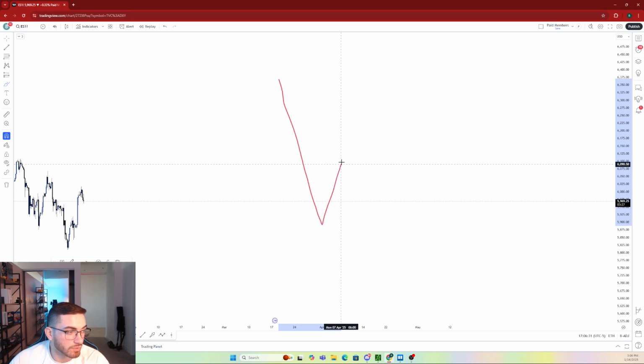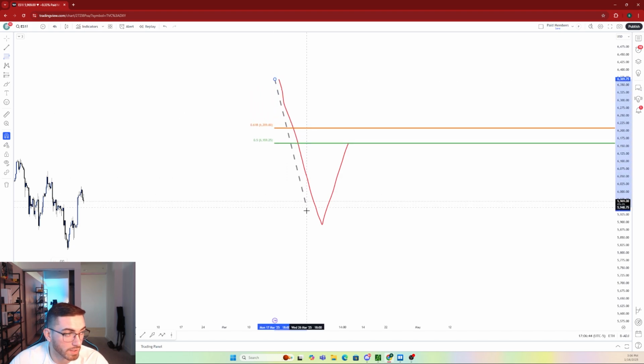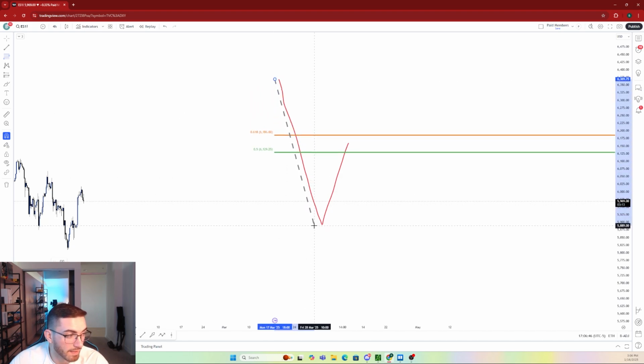Now, as far as in a downtrend, let's just say price made a very strong flush to the downside and it starts bouncing back up. Well, as soon as price starts bouncing back up, what you want to do is identify the highest point of price action and the lowest point of price action. Take your Fibonacci retracement now from the highest point to the lowest point, and then look for price to trade back up into the 50 or 61.8% retracement.